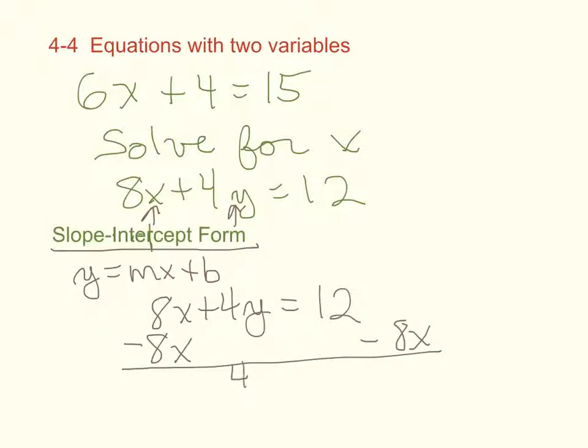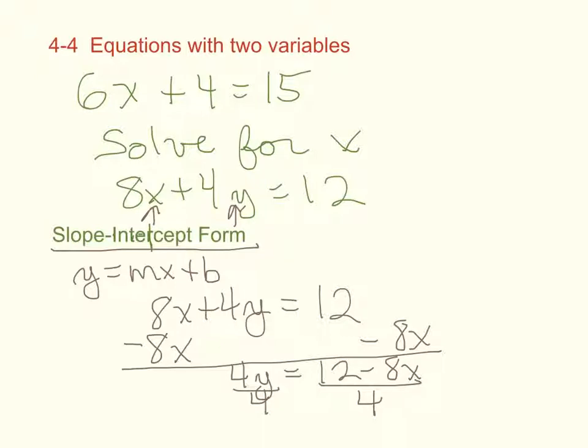When I do that, I get 4y is equal to 12 minus 8x. Does that look like slope-intercept form? We're getting closer, but not quite yet. The next thing we would want to do to get y by itself would be to divide by 4, so I'll divide everything on both sides by 4.